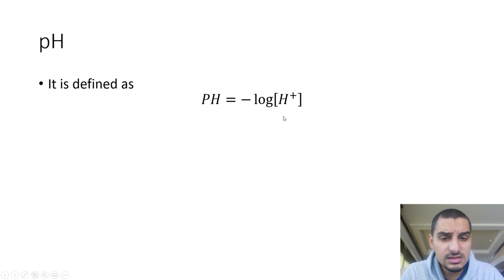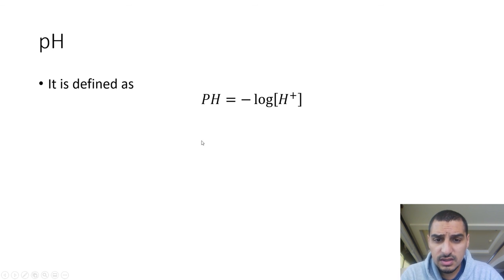To understand why we use this equation, usually the concentration of the hydrogen ions in the solution is on the order of 10 to the minus something, like 2 multiplied by 10 to the minus 2, minus 3, minus 4, whatever the number. It's not convenient to write a number multiplied by 10 to the minus whatever. So what we want to get is the power, because it's an easy way to indicate the concentration of H plus ions.